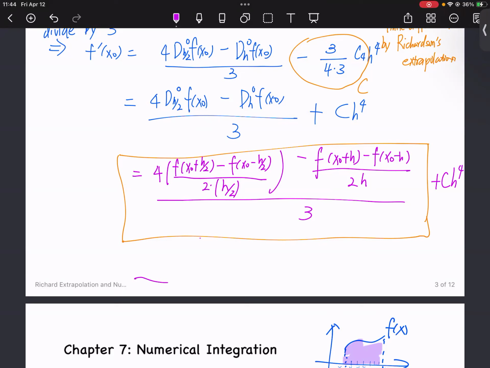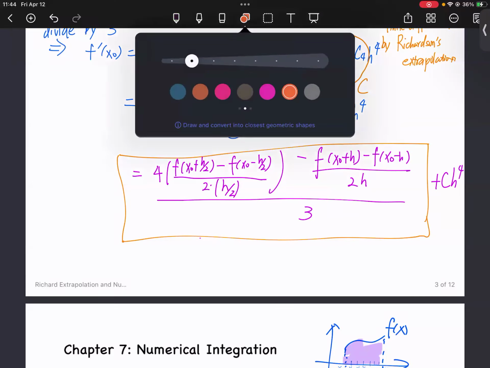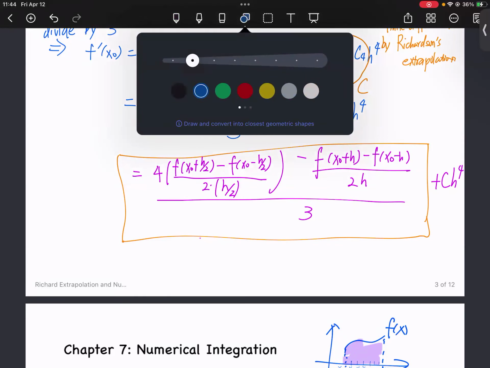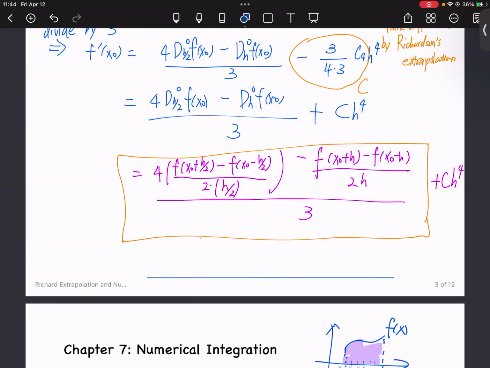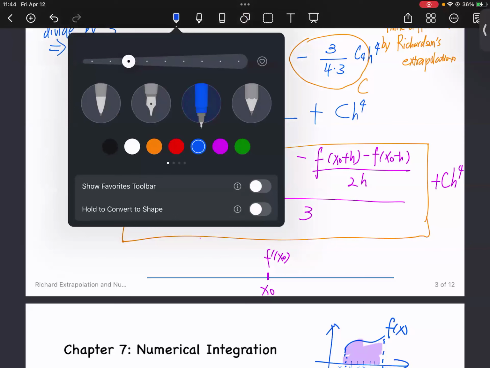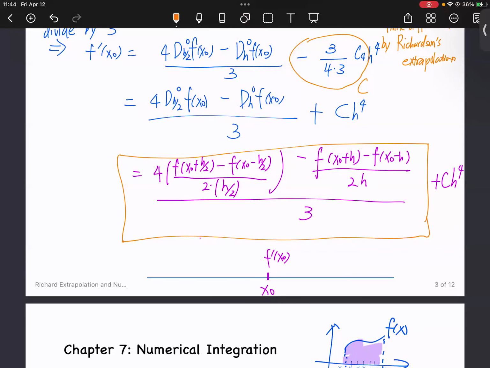What data are we using? Let's draw out the line here. I got the line, and this is the line and the points. We are actually approximating f prime of x0 at the point x0. That is what we want, but we are making use of the points here.